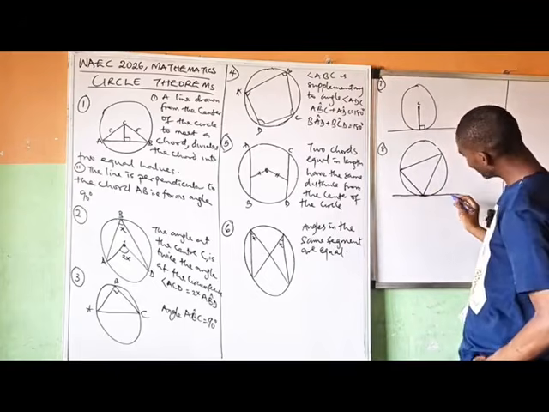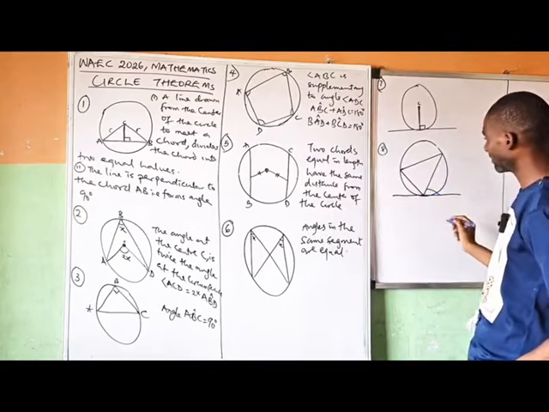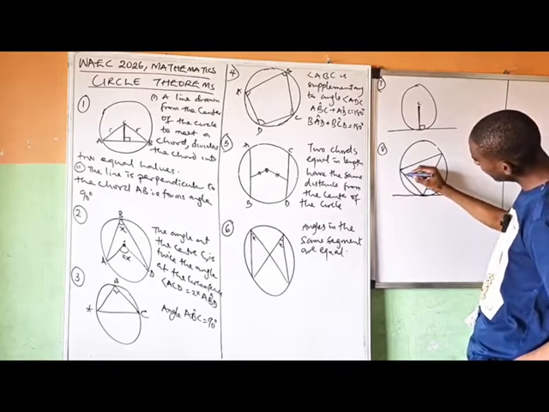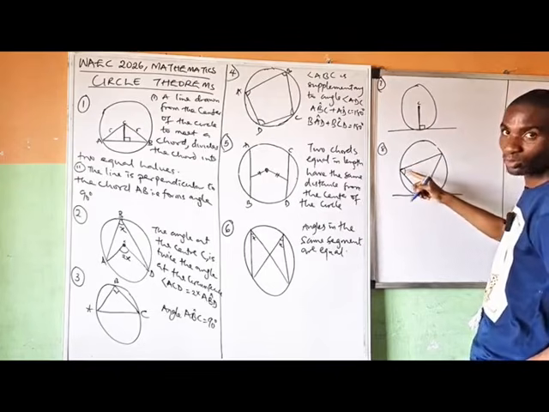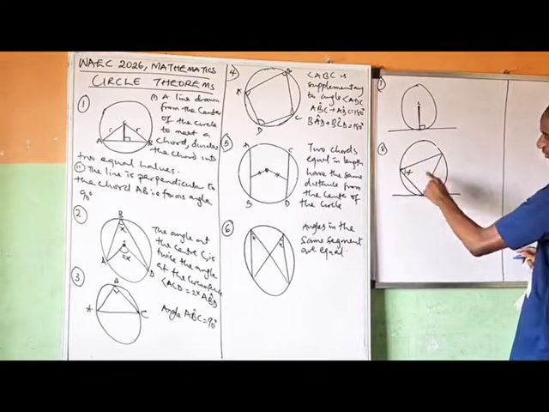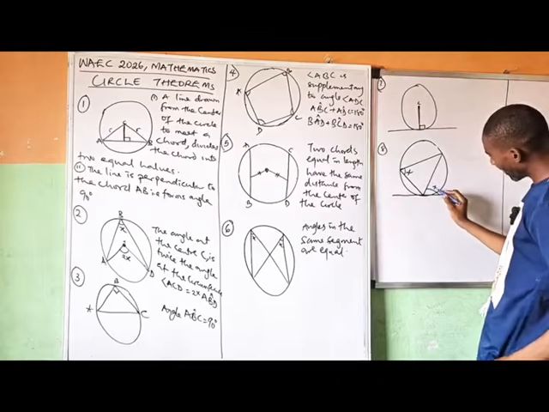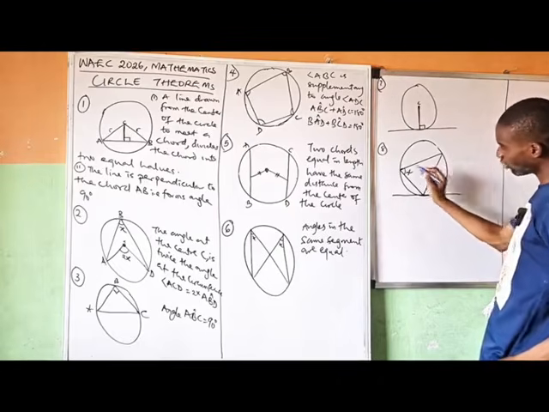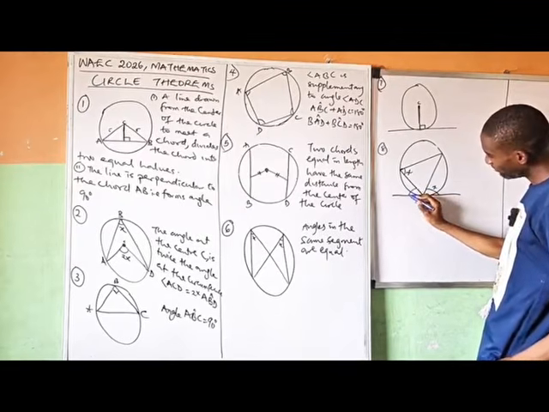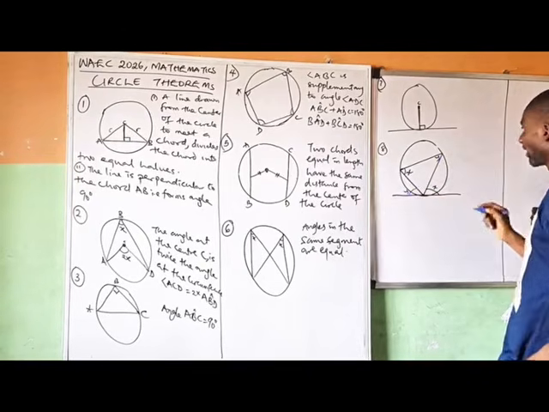So the rule says the angle between this chord and this tangent is equivalent to the angle at this point. They are alternating, the alternating segment. They alternate. The angle between this chord and this tangent that it makes is equal to this. And then the same thing here, the angle from this chord that it makes to this tangent is equivalent to here. So this is y.